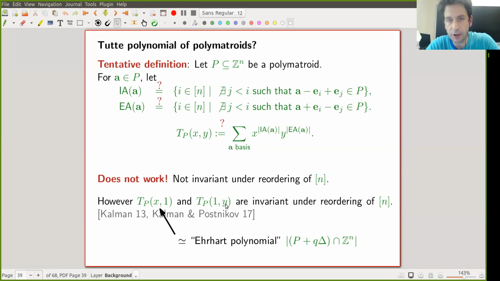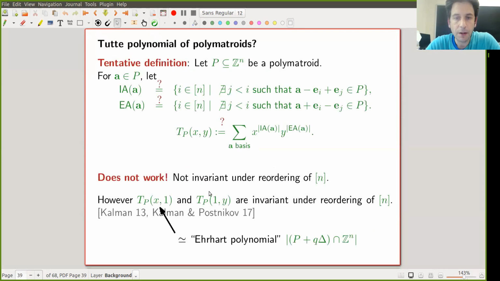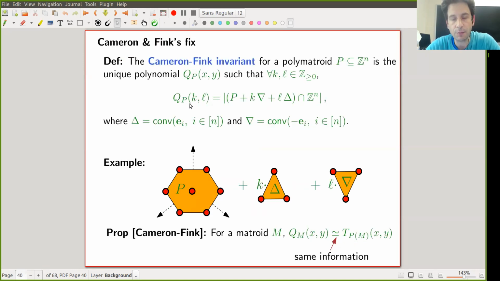So what Cameron and Fink did is, all right, this definition doesn't work, but why not take that as a definition? They looked at this polynomial, the Ehrhart polynomial: you look at the number of lattice points in P plus K times the inverted simplex and L times the simplex, and you look at this as a polynomial in K and L. This gives you an invariant of your polymatroid.